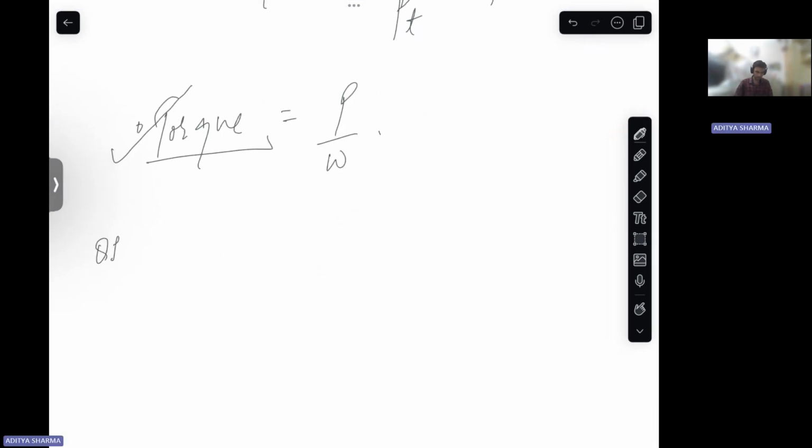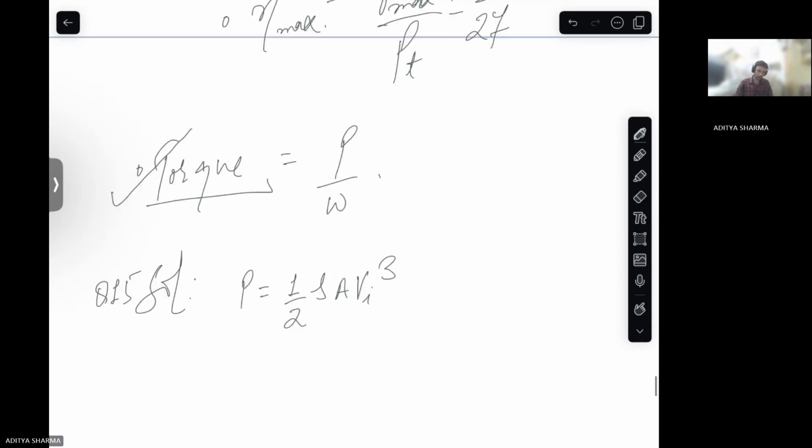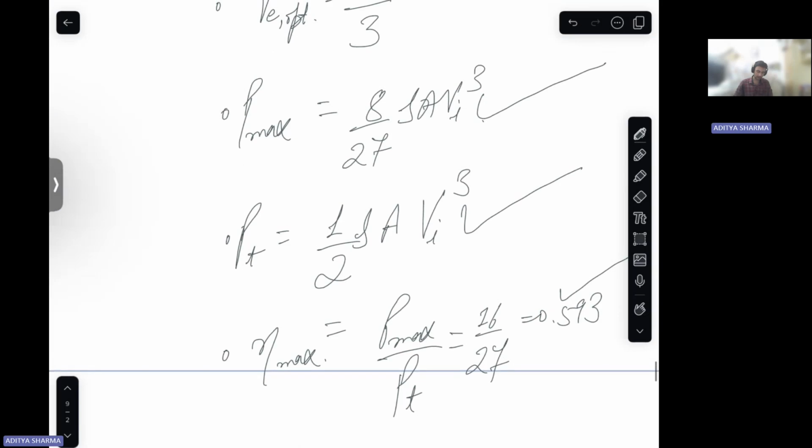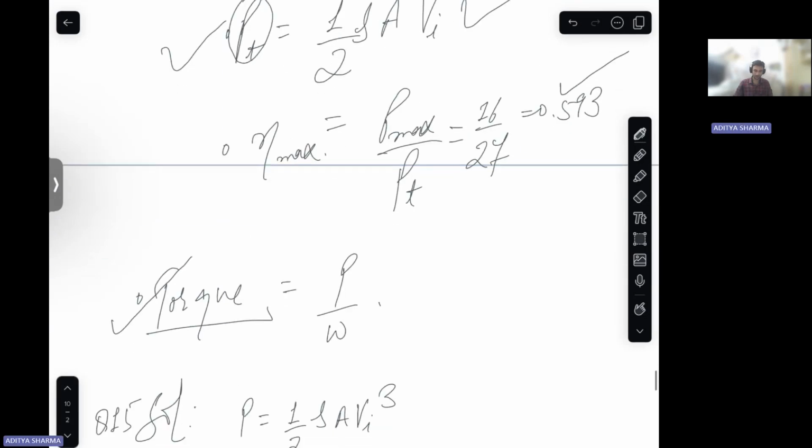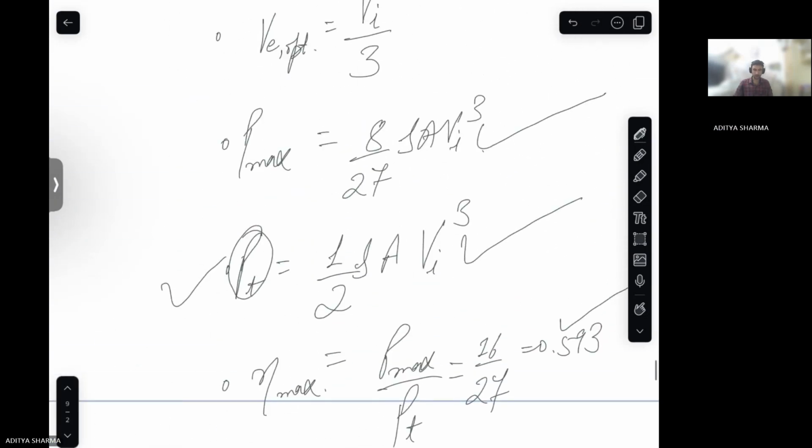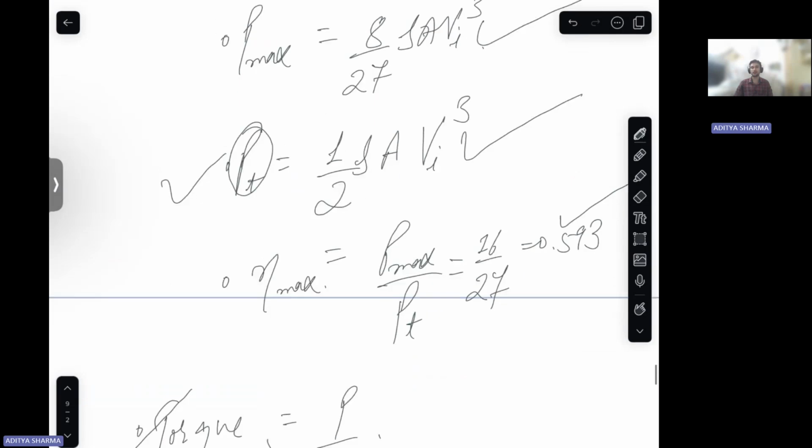This is question number 15 solution. Total power density is, power is half of rho A V cubed. The P total that we have talked about, P subscript T, that initially is available with the air.